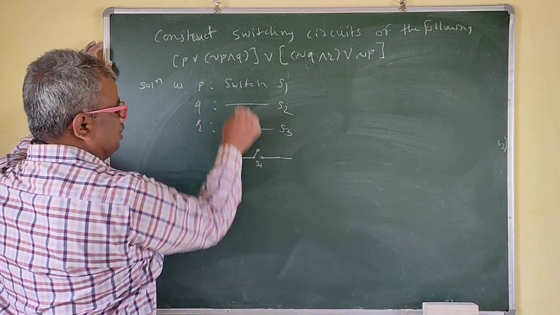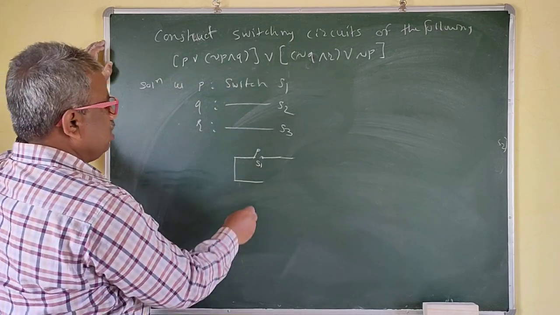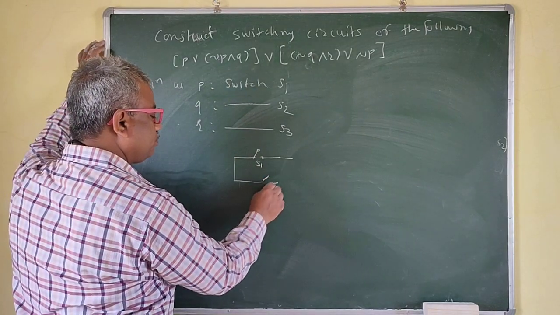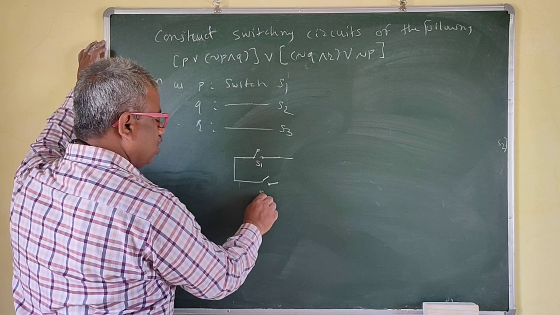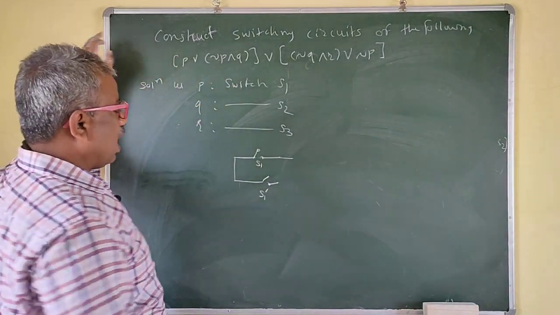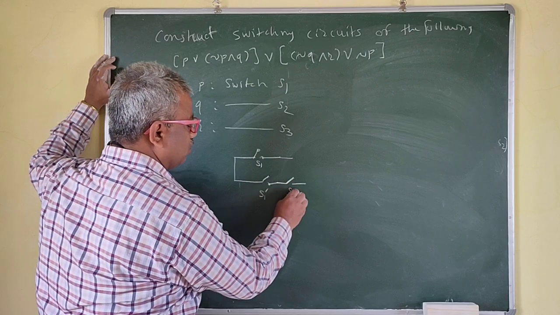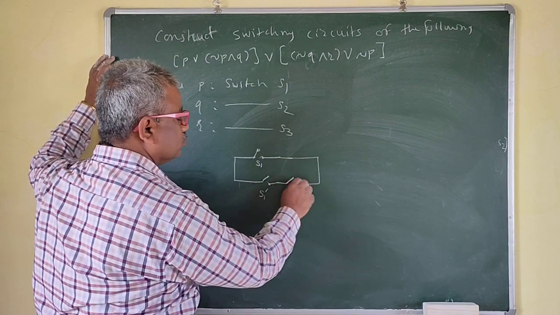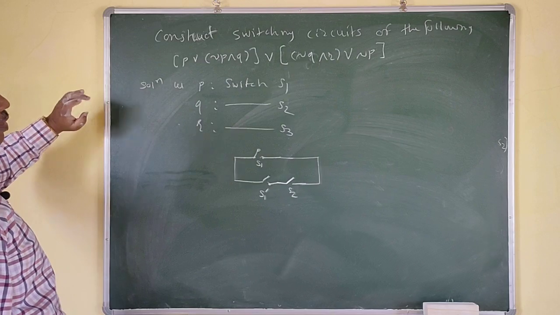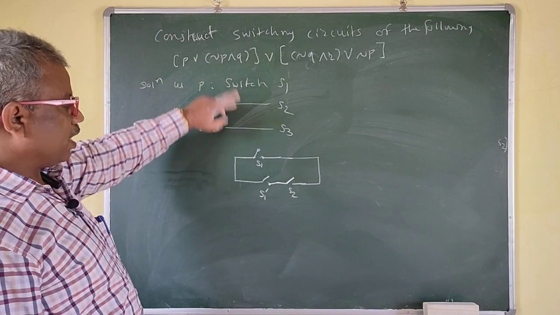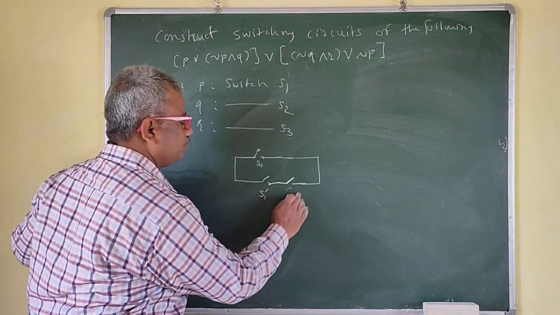Now these two are in series, so this is S1 prime, and Q means S2. This is your first bracket.